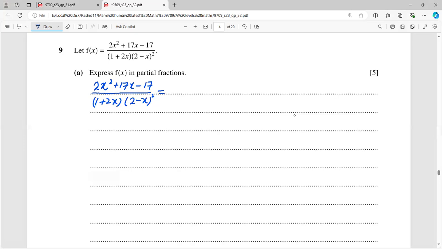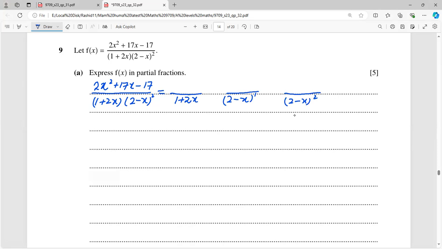So you have to write the factors over here. So the first factor will be 1 plus 2x. The second factor will be 2 minus x. The third factor will be 2 minus x whole square. As I said, the repeating factor you have to start from the lower power, the least power. The least positive power is 1.